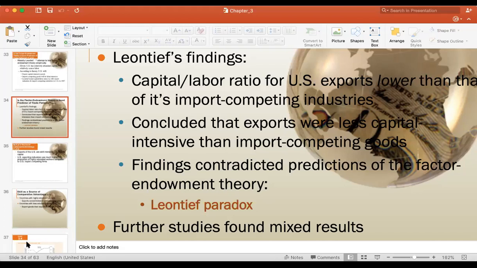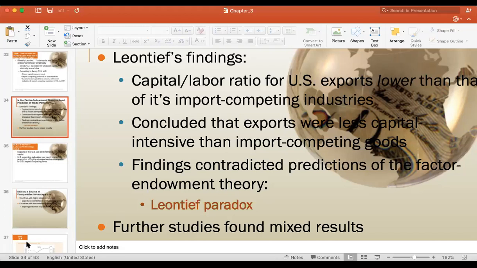And at that point, Leontief said, I give up. I'm really not going to do any more tests. I'm pretty much satisfied with my findings. And he said that as far as I'm concerned, the HO model is irrelevant. It's meaningless. That's how Leontief commented, by the way.